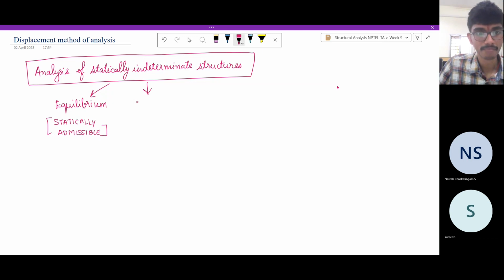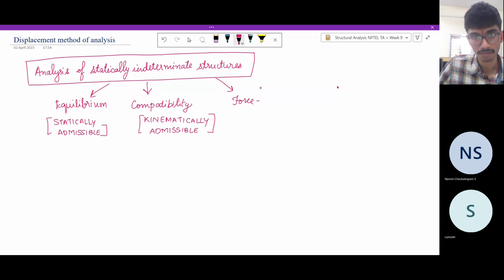The second condition is compatibility, which basically means the deformation that we get or the deflected shape that we get is kinematically admissible. And the third condition is force displacement relations, which is also known as constitutivity.